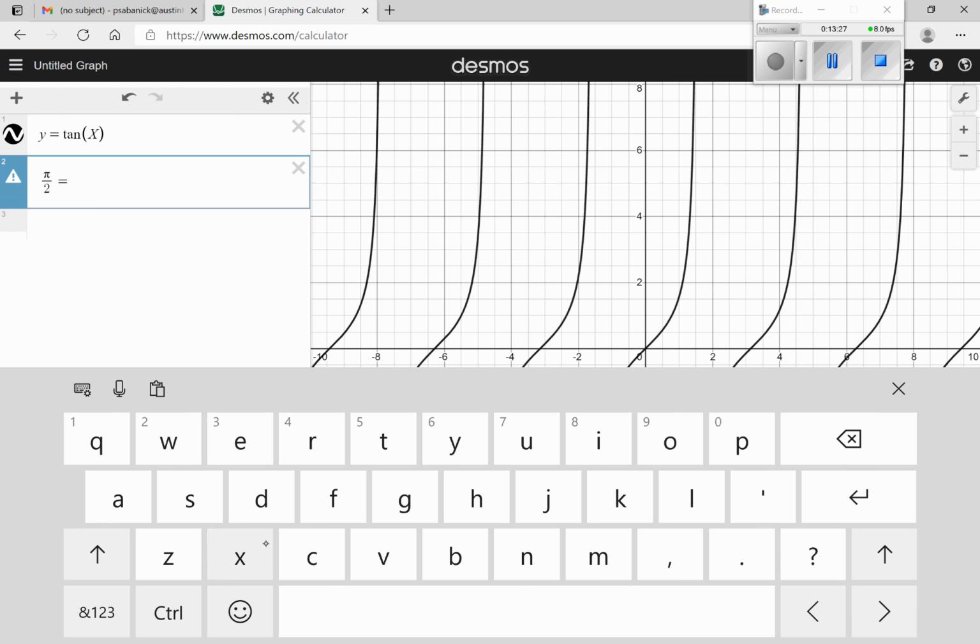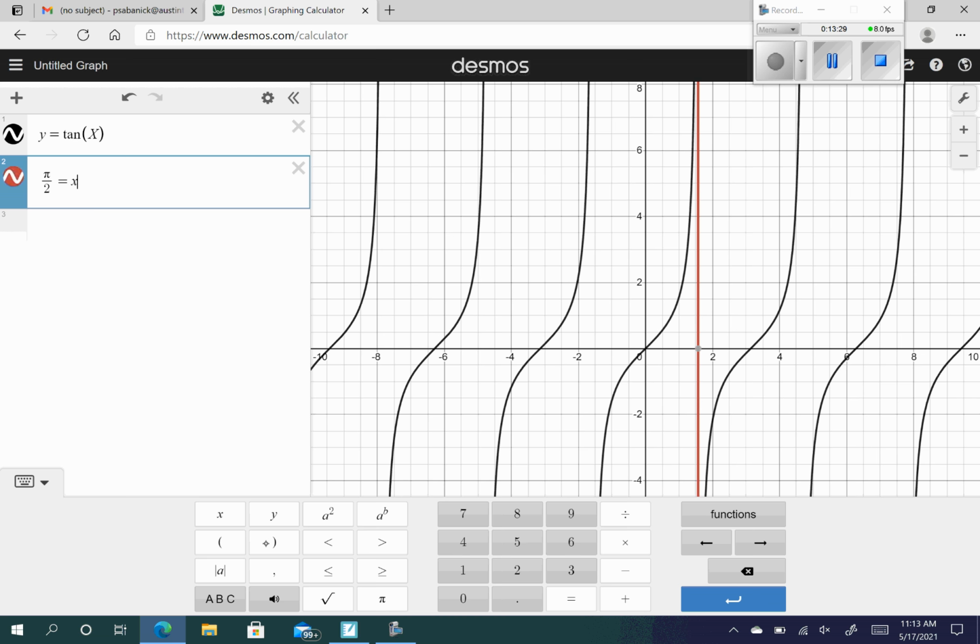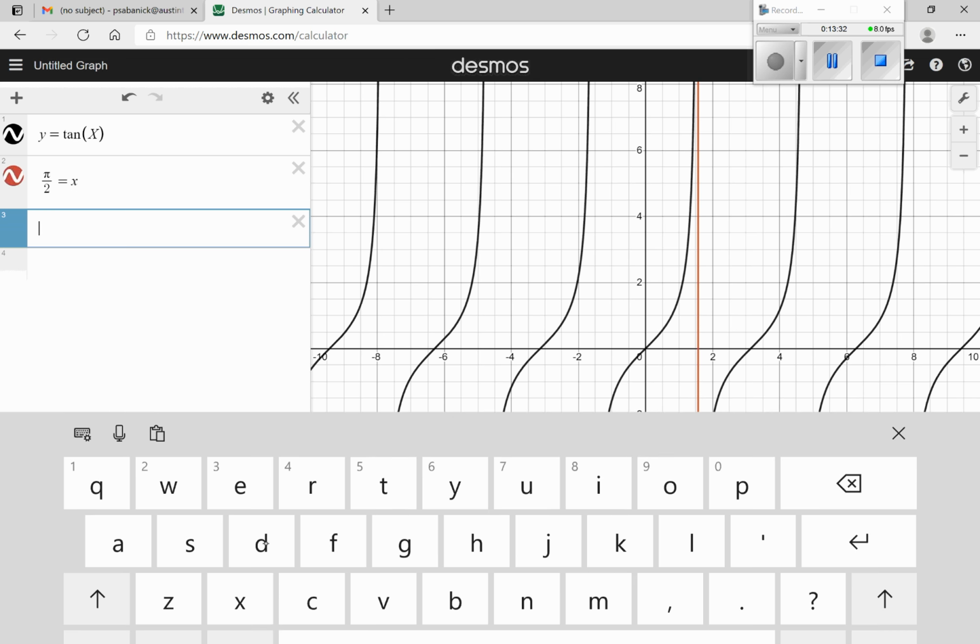I actually want that to be x. So here's my one vertical asymptote here, and I'll do that as well.